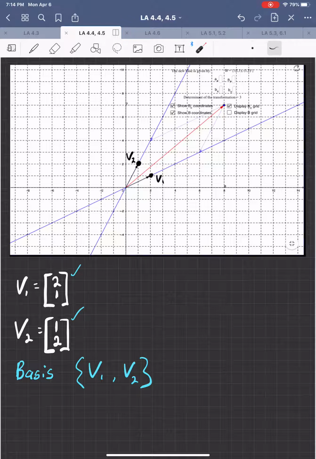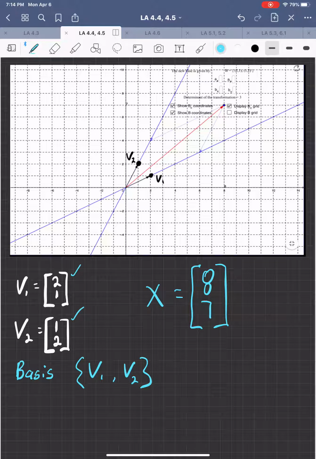And now let's ask a question. Let's assume that your teacher asks you to plot the point 8, 7. So 8, 7. All right, so this is our vector x that we want to plot. Now, let's start normally.